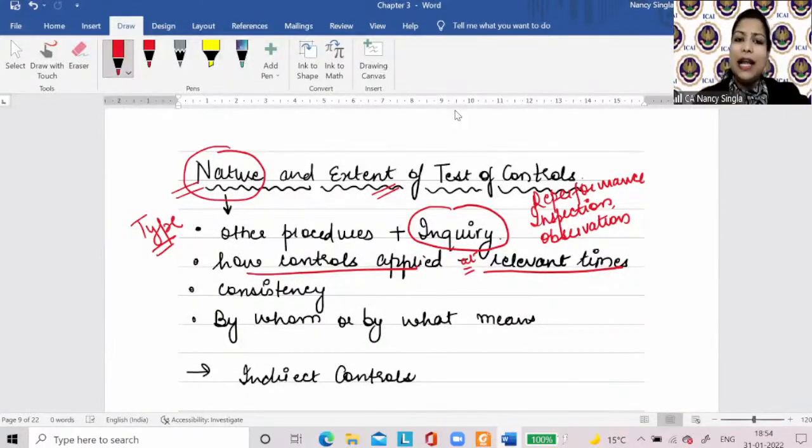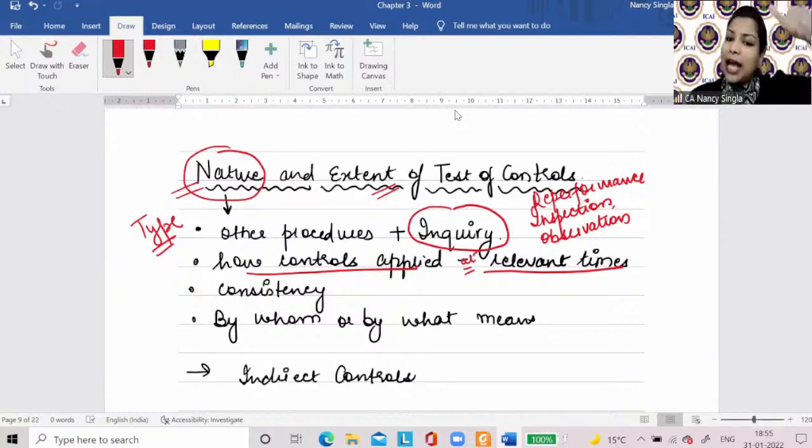Now, at relevant times, let us go back to our traveling expense wala example. Any expense exceeding 5,000 needs to be signed by 2 authorized signatories. So, auditor may inquire the management, tell me when one of the authorized signatory is not present.